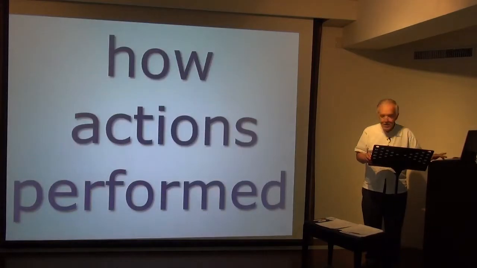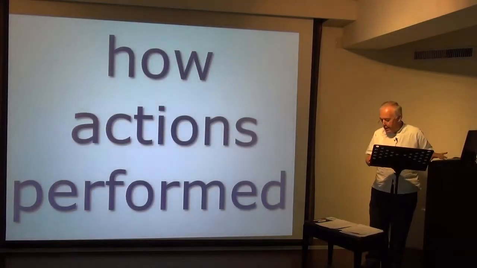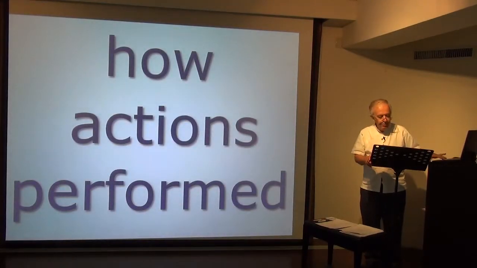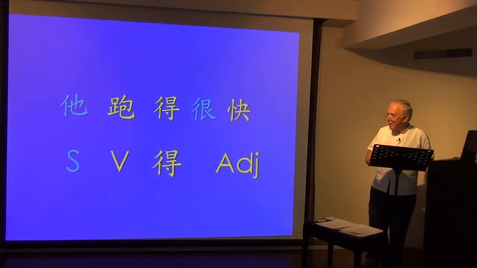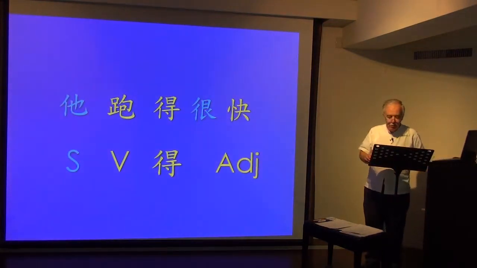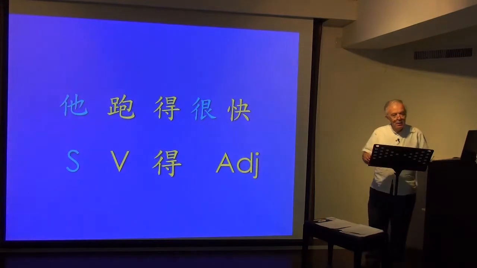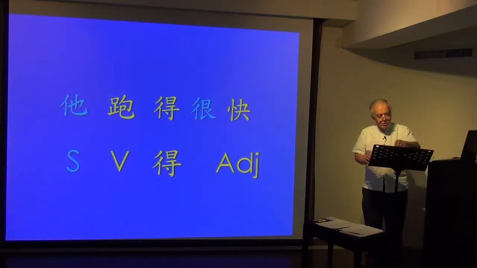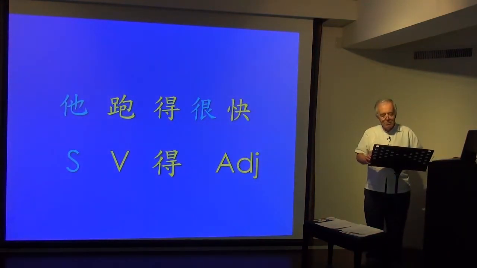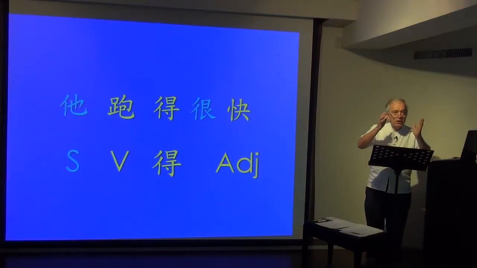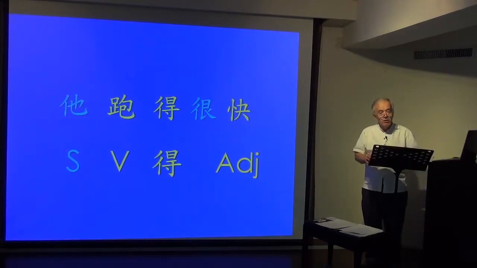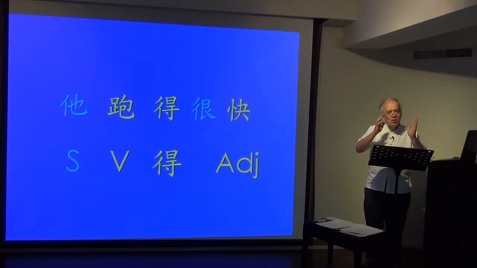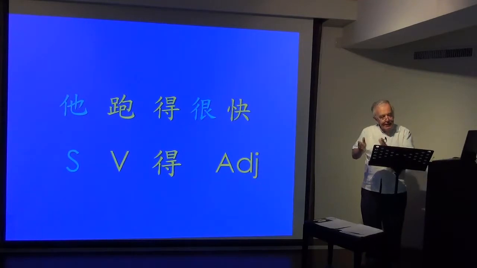Okay, let's move on to something else. How actions are performed. 他跑得很快. In English, in order to describe how an action is being performed, an appropriate adverb is placed after the verb. The teacher, how does she speak to her students? She speaks slowly and clearly.